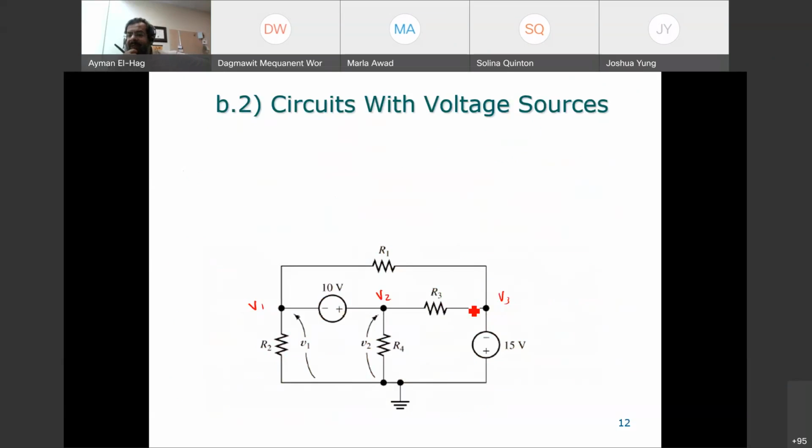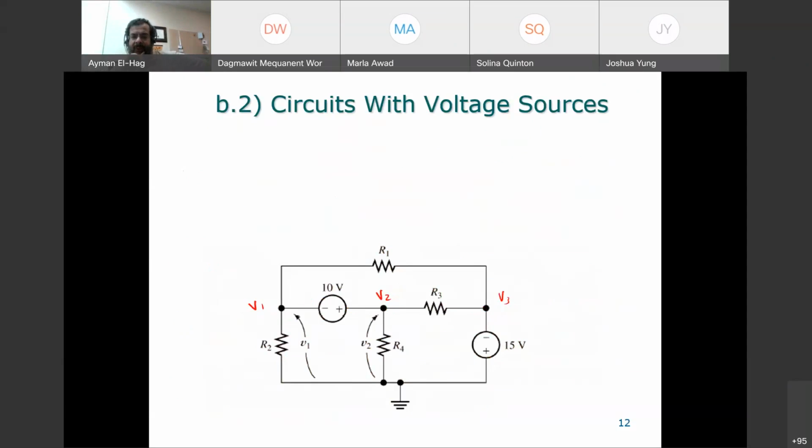Now this question is very interesting. Why? Because V1 is connected to a voltage source, V2 is connected to a voltage source, and V3 is also connected to a voltage source. So I cannot apply KCL to any of the nodes, which is a little bit annoying.